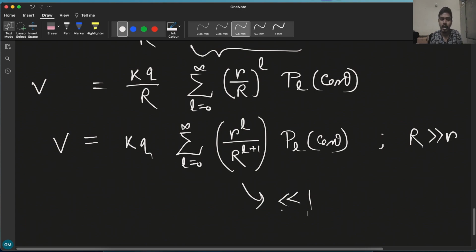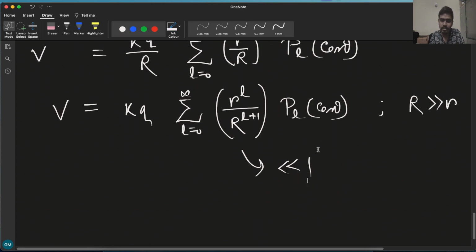Okay, and the higher we take this L, so if I take L equals 1, 2, 3, 4, the higher values of L we go, its value will decrease rapidly.